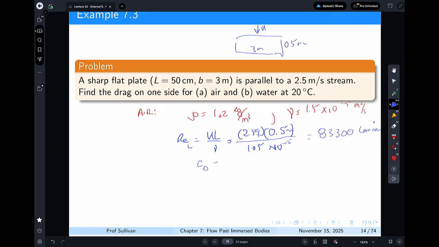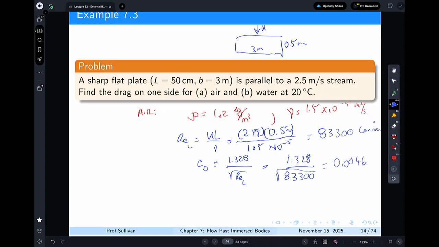C sub d is 1.328 over the square root of the Reynolds number based on L, 1.328 over the square root of 83,300, which equals 0.00046.